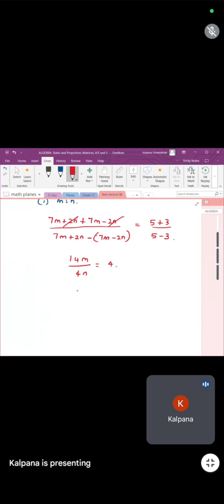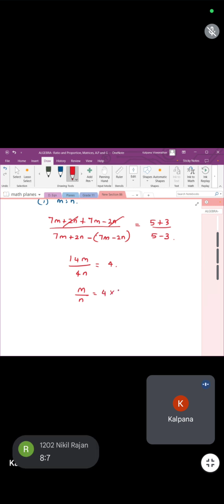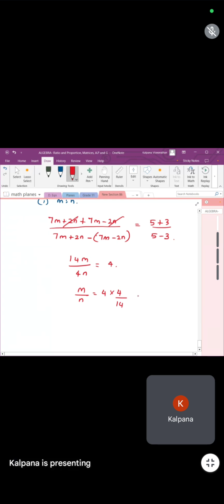Are you getting it or not? So we need only the m by n value. So m by n value is 4 into 4 by 14, which is 16 by 14. Answer will be 8 is to 7.